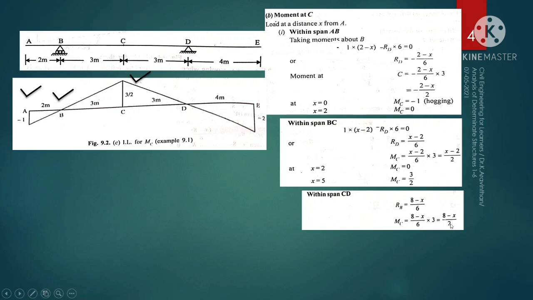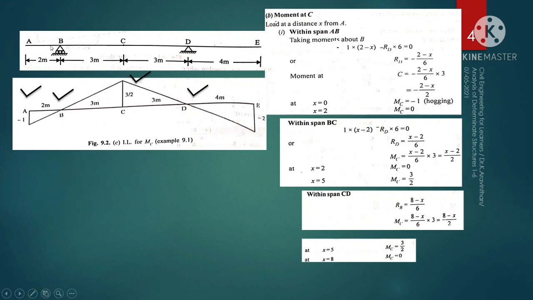If I substitute the coordinates x equal to 5 and x equal to 8, I will get the moment at C. If I substitute 5 here, I will get 3 by 2. If I substitute 8 here, I will get 0. Now we have found it between C and D. Why I have taken the reaction at support D is, it is easy to find out the bending moment.